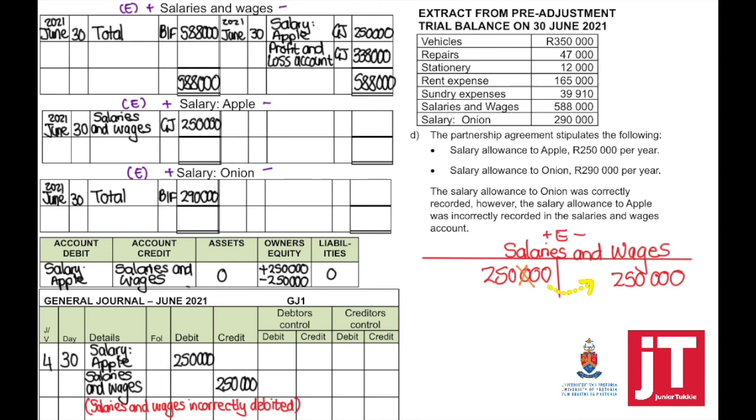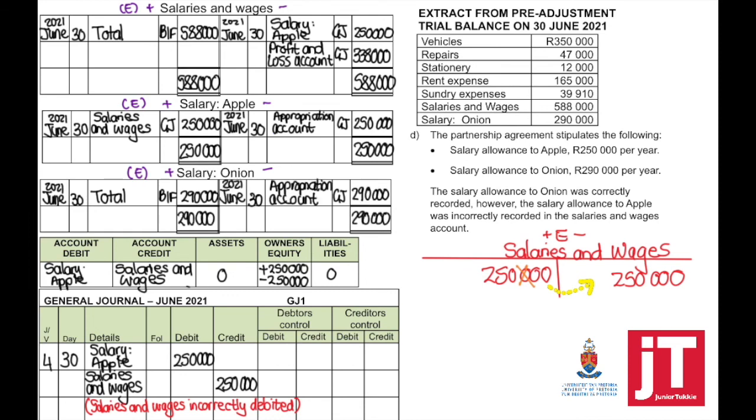Salary of a partner forms part of the distributions of profits. So although it is an expense to the business, this is closed off to the appropriation account. The same as with salary Onion, where do we close it off to? The appropriation account.